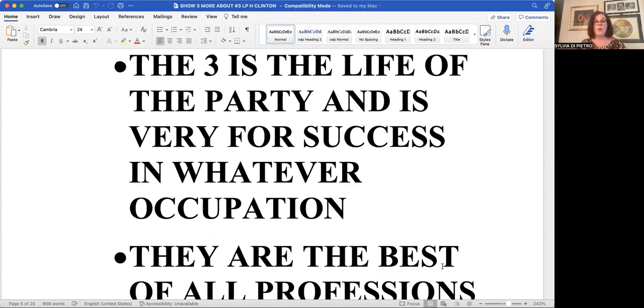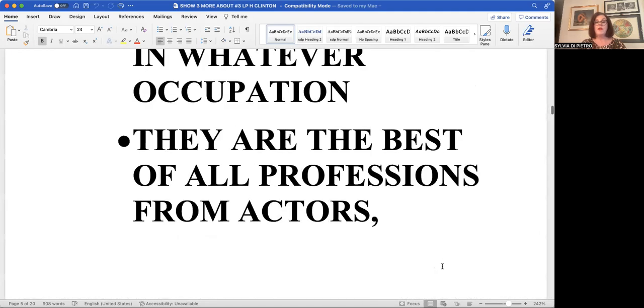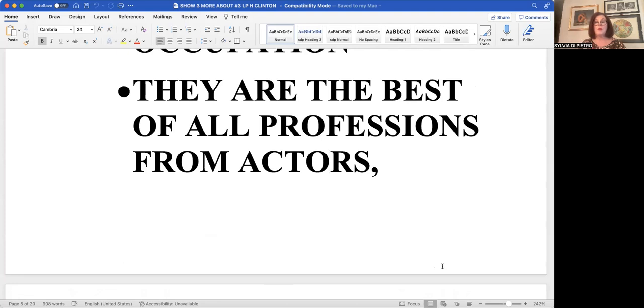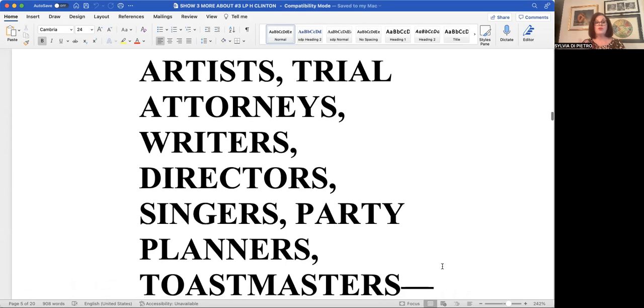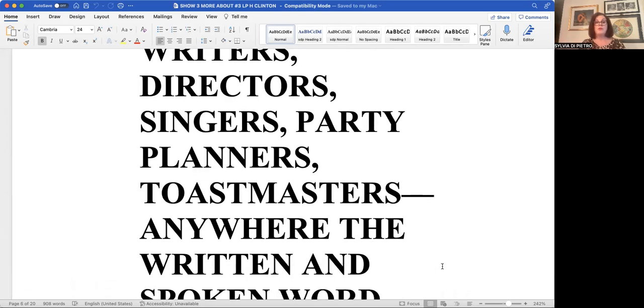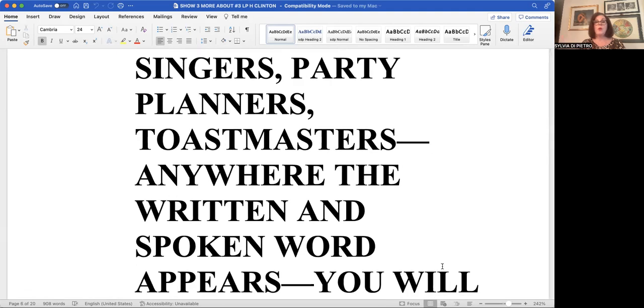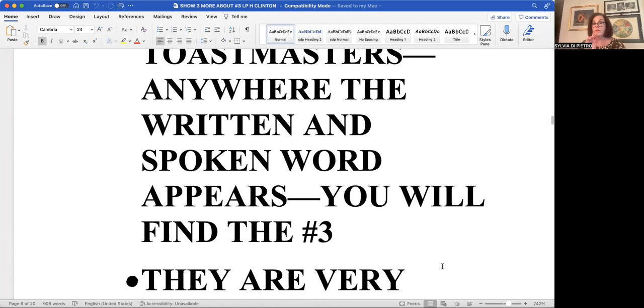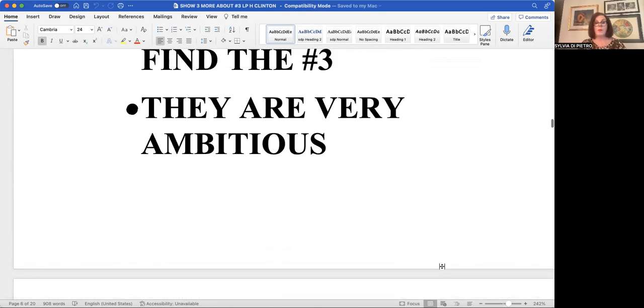As I mentioned before, the 3 is often the life of the party and very successful in whatever its occupation, whether it be an actor, an artist, a trial attorney, writers, singers, party planners, Toastmasters, anywhere you go and everywhere you go that there is the spoken and the written word, you're going to see very, very often a 3.